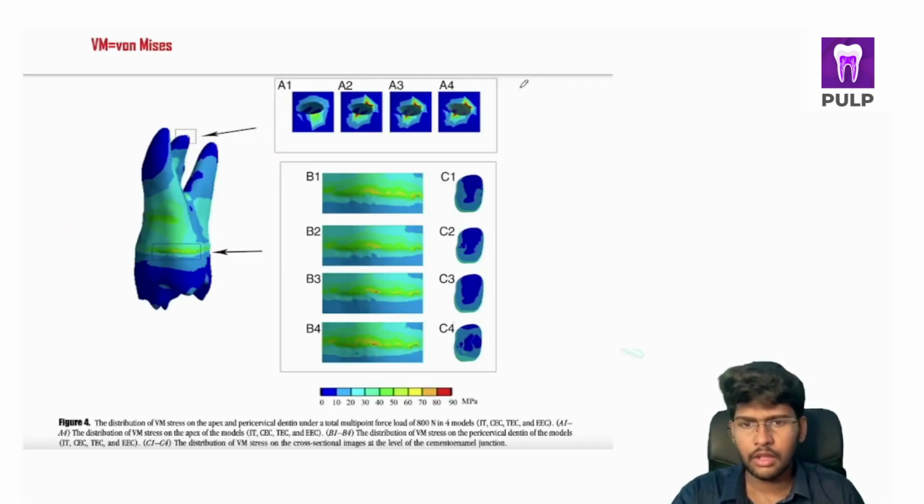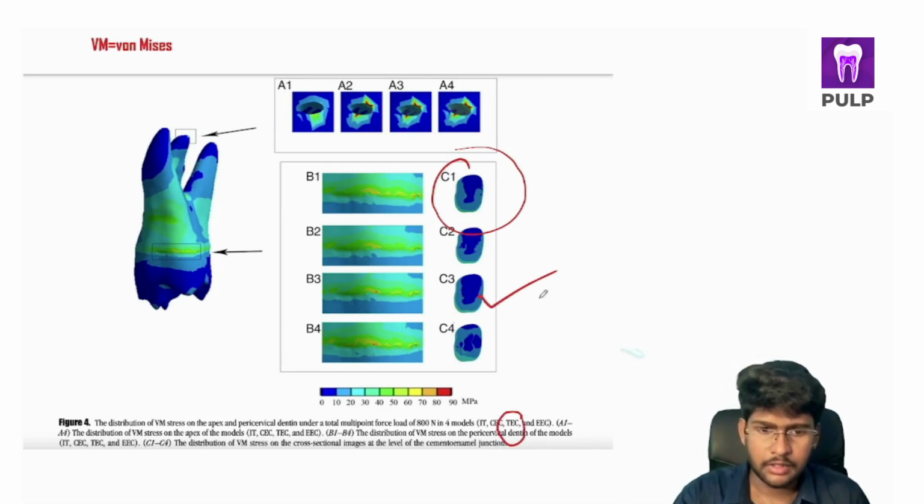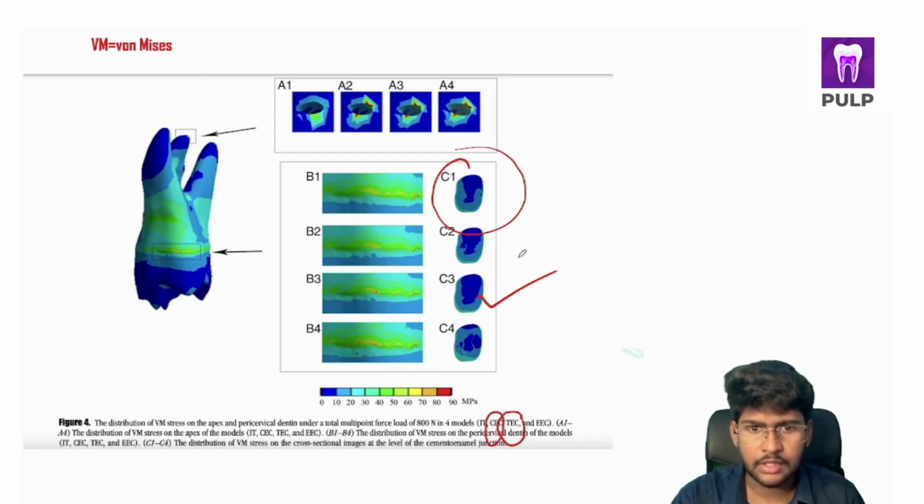So the first one is where nothing has been done. It is an intact tooth structure where no endodontic cavity or endodontic preparation has been done. You can clearly see the traditional endodontic cavity is C3, and the conservative endodontic cavity is C2.